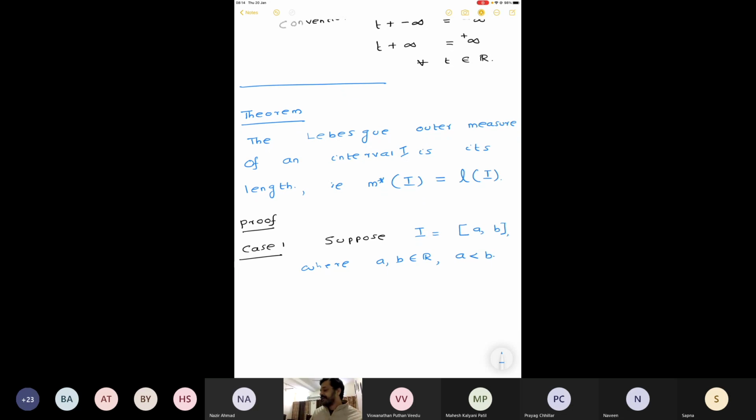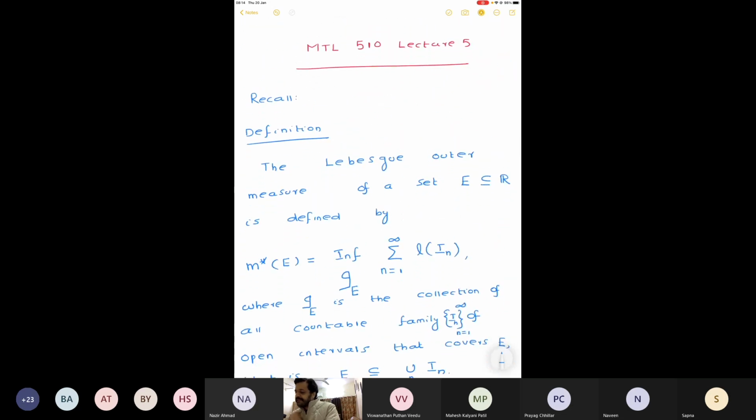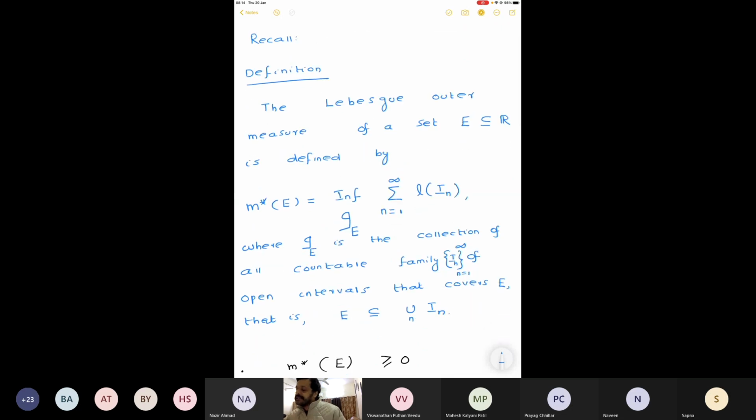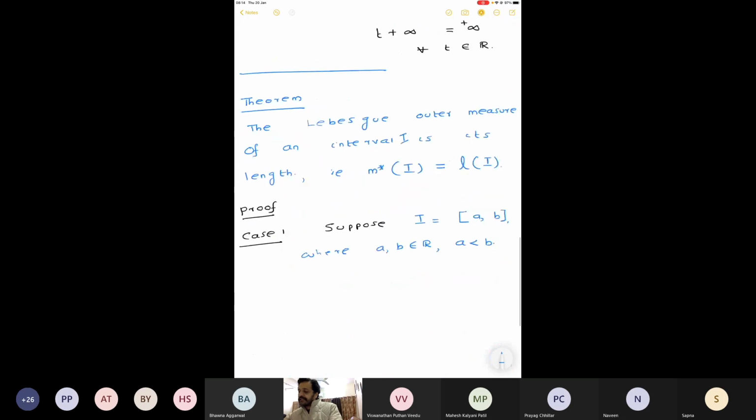Why we want to consider a closed bounded interval is, if you see the M star definition, you should deal with a countable family of open intervals that covers E. And in case E is a closed bounded interval, this open cover will have a finite subcover by the Heine-Borel theorem. So in order to invoke the Heine-Borel theorem, we are considering the case of a closed bounded interval.